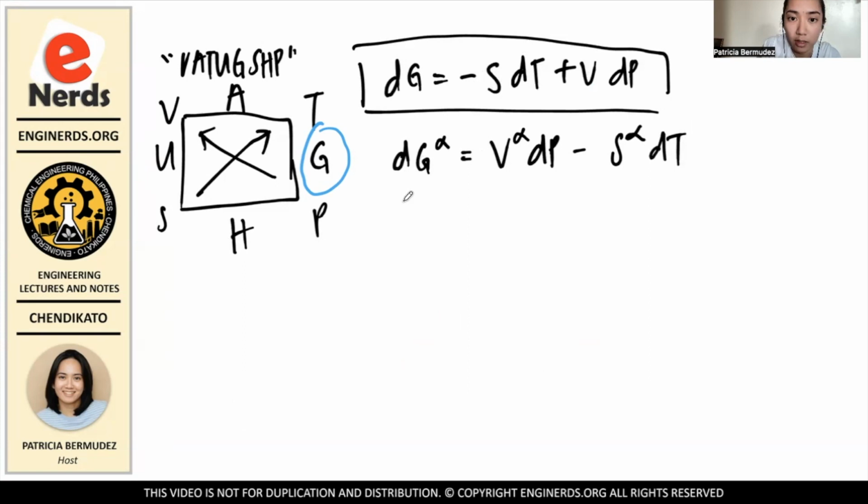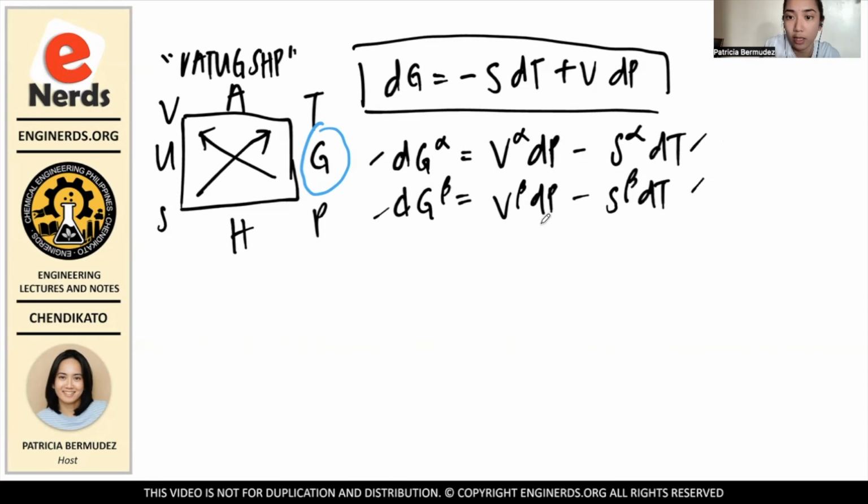And similarly, if we're gonna account for the one that is phase beta, you know that dG phase beta is equal to the volume at phase beta dP minus the entropy at phase beta dT. And we know that these two are equal, so these two are equal as well.